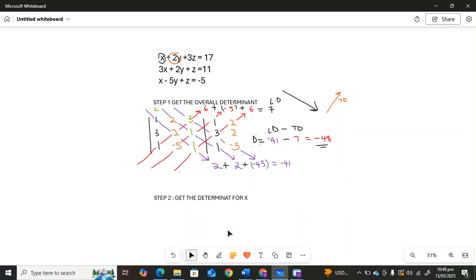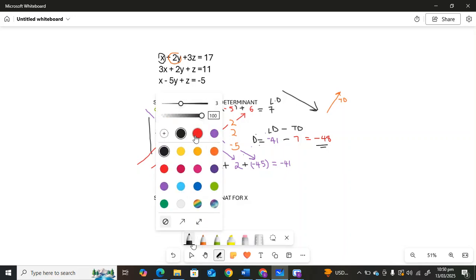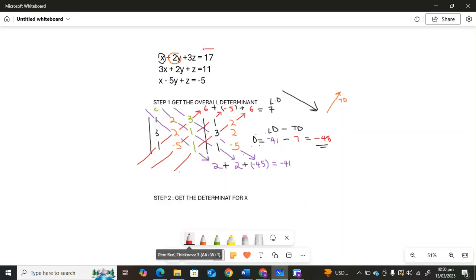Now here something special happens. When you're getting the determinant for x, this 17, 11, and negative 5, this column here is going to replace the x column.